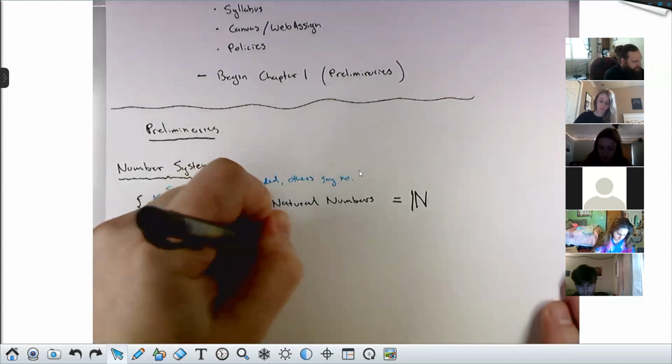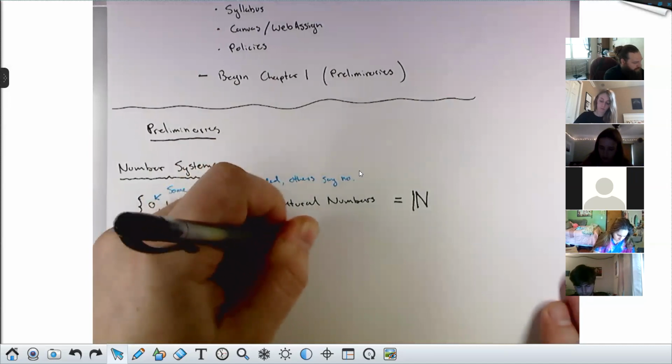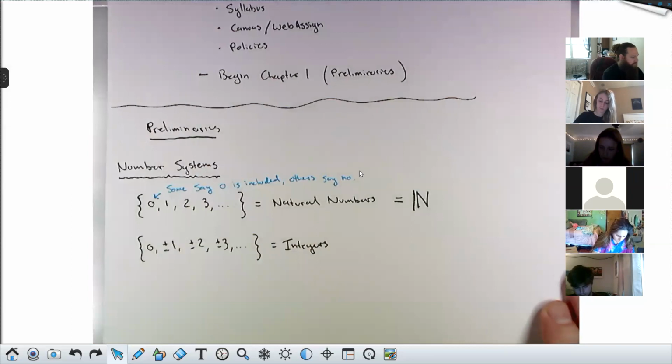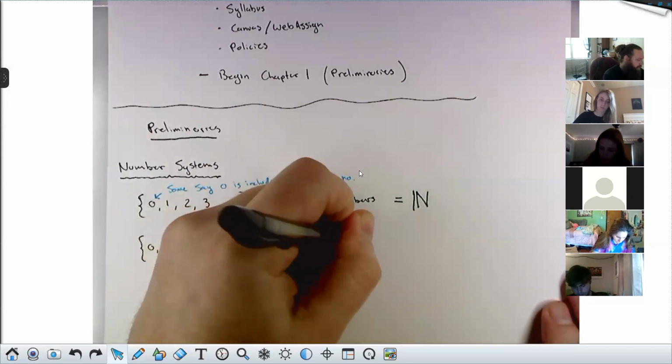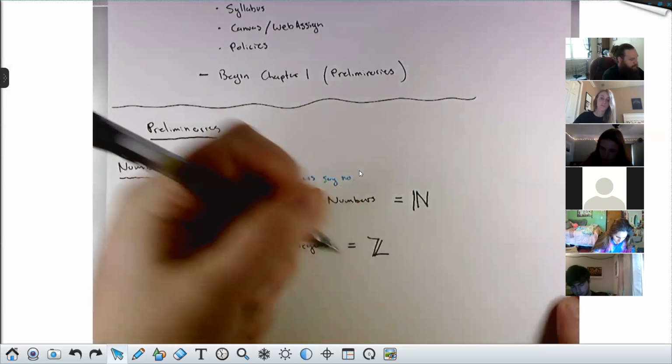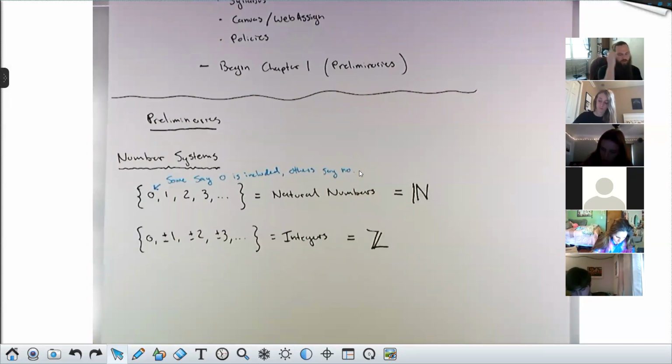So this set is called the integers, aka the whole numbers. And if I want to refer to this set as a single object, I will use this symbol, which is a blackboard bold Z, stands for the German word Zahlen, which is German for number. So the integers are nice.